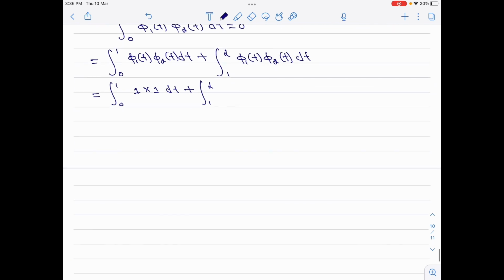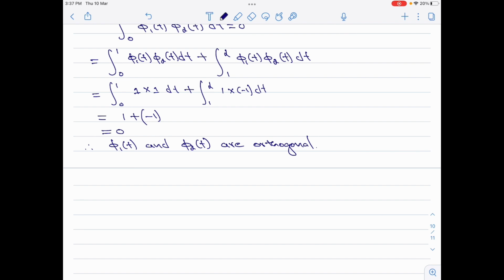So, this will be 1 multiplied by minus 1 dt. Therefore, this results in 1 plus minus 1 equals 0. Thus, we can now conclude that the given signals phi1 of t and phi2 of t are orthogonal. That is about part A of the question.